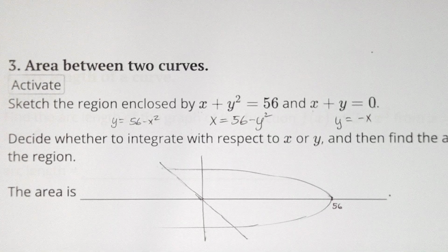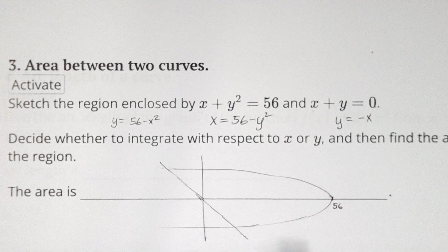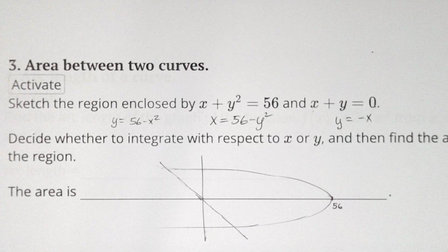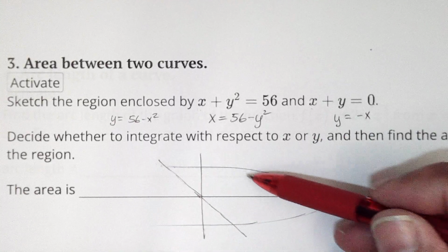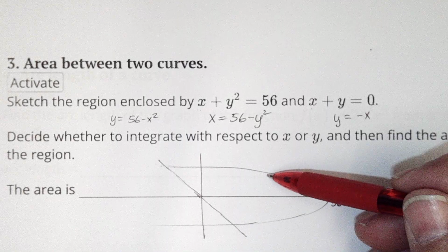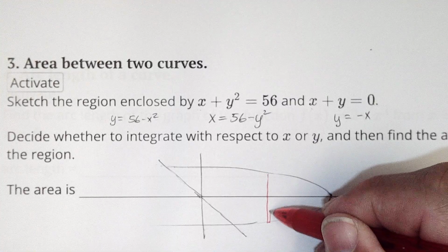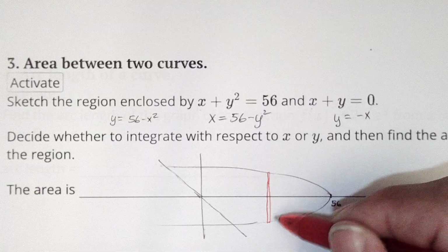Now I want to do this two ways. I want to do it with vertical slices and with horizontal slices so that you can see how they both work. So let's start with vertical slices. I'll do that one in red. Now, vertical slices over here are going to go between the top half of the parabola and the bottom half of the parabola.